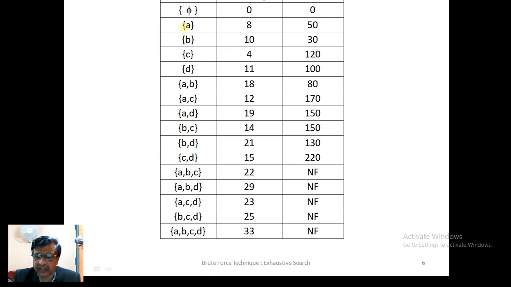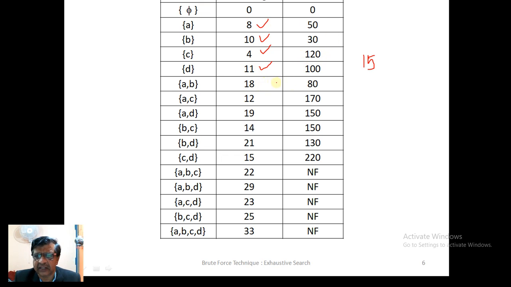A, the first thing alone, has 8 kg or 8 units, and carries a value of 50 units. B alone has 10, and these are all feasible solutions because they are within the weight capacity of the bag, which is 15 units.